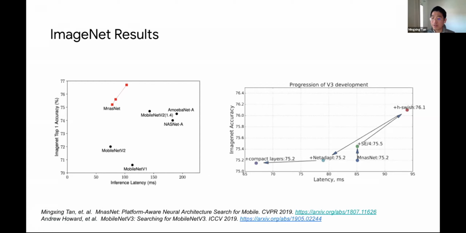We can come up with new design choices that were never learned or never thought about before. Just like MobileNet v3, even though MnasNet was already searched by AutoML, on top of that we add some human intuitions and optimizations to further optimize it.